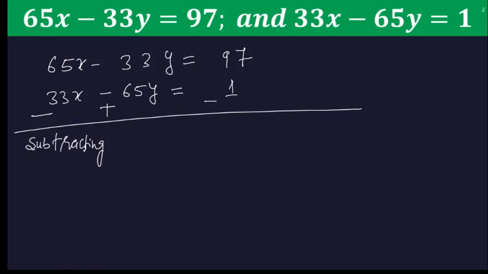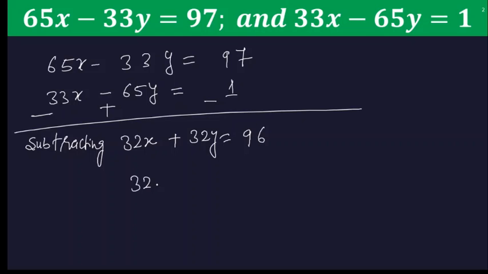So 65 minus 33, what would come? 32 will come. This is 32x, and here also 32y is equal to what would come? 96.